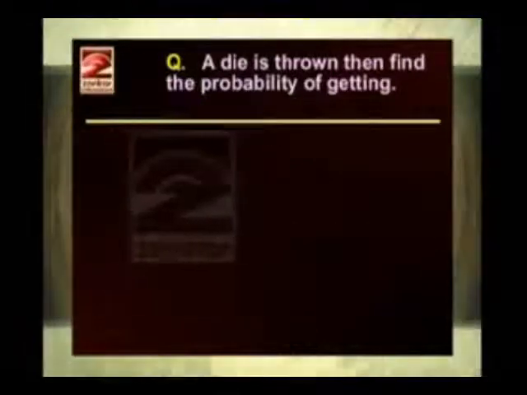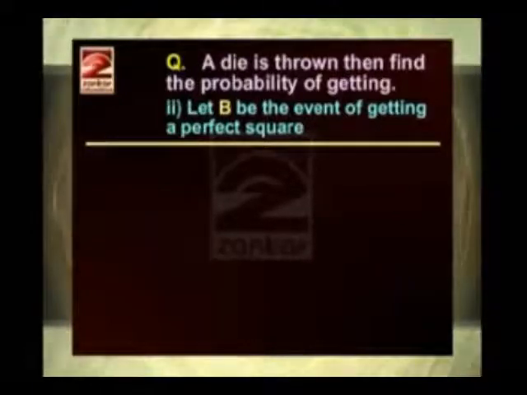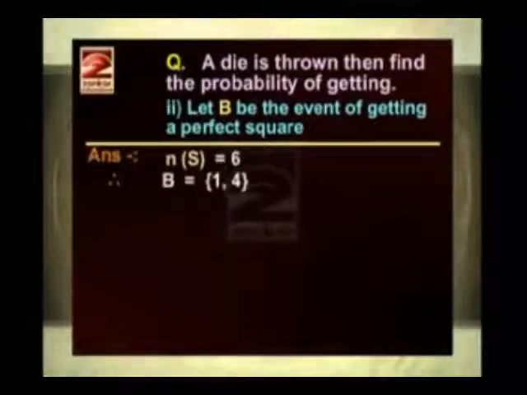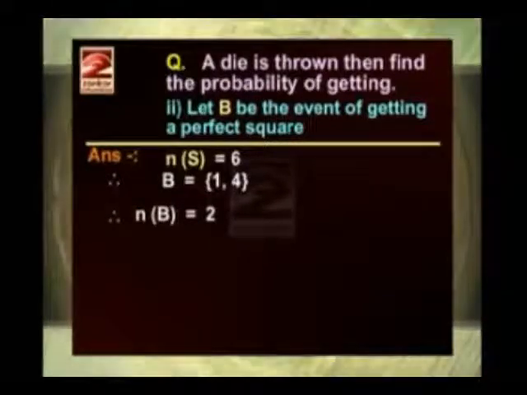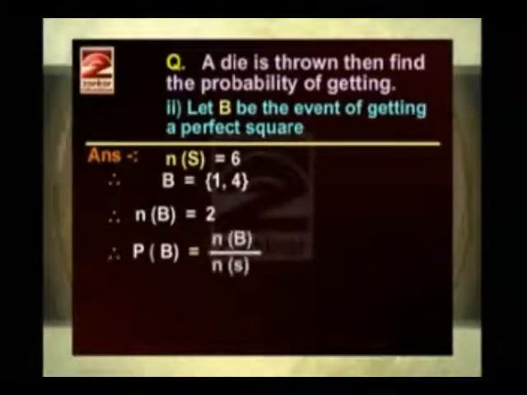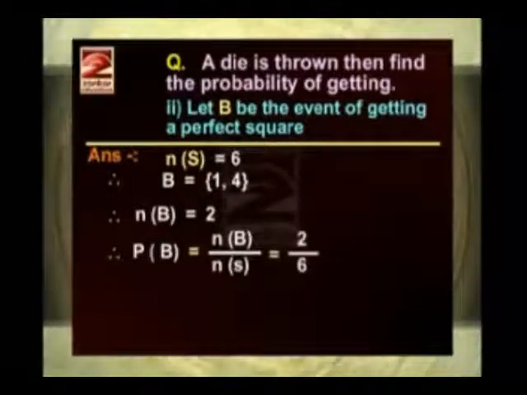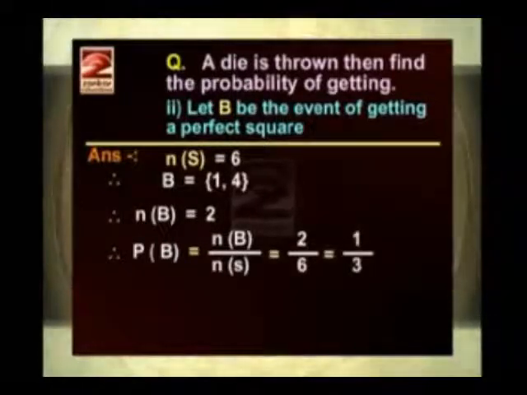Next event is, let B be the event of getting a perfect square. Therefore, B is equal to {1, 4}. Therefore, n(B) is equal to 2. Therefore, P(B) is equal to n(B) upon n(S), that is equal to 2 upon 6, that is equal to 1 upon 3.